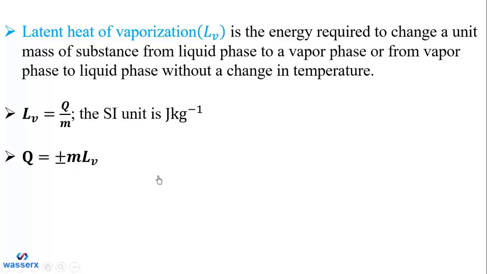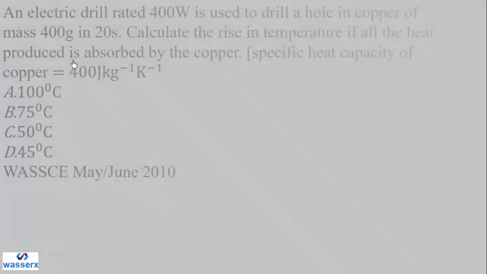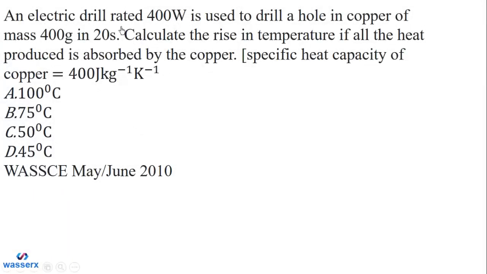Now let's solve some past questions on this. We have this question: an electric drill rated 400 watts is used to drill a hole in a copper of mass 400 grams in 20 seconds.